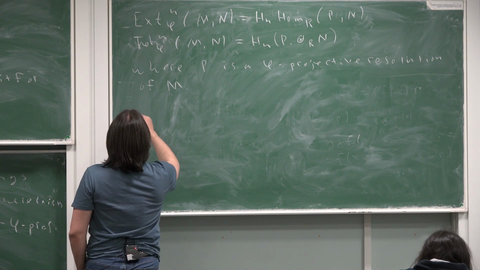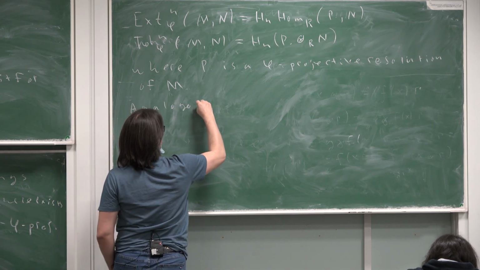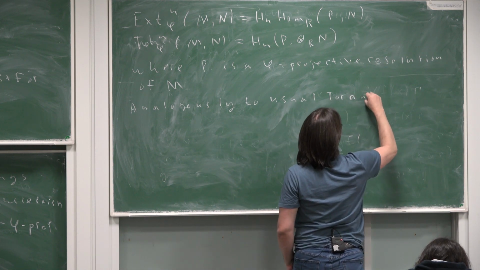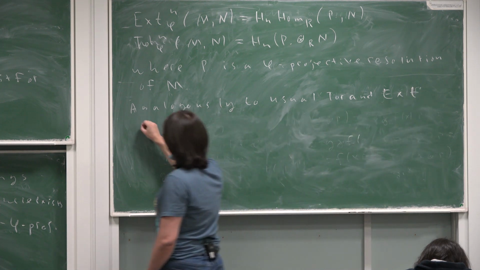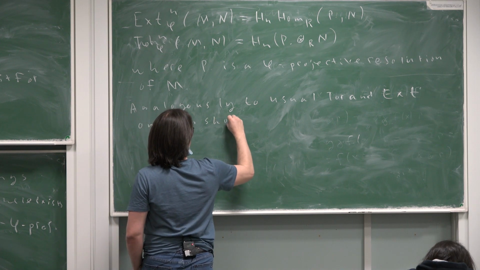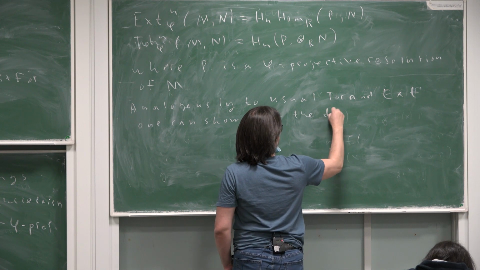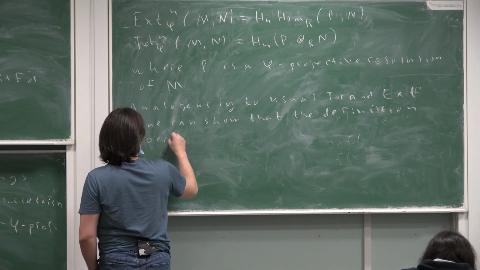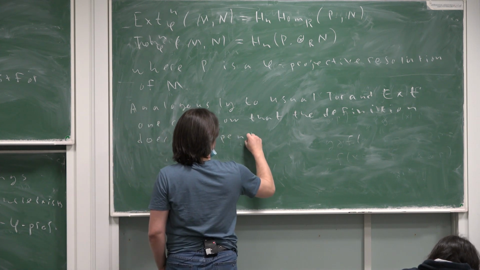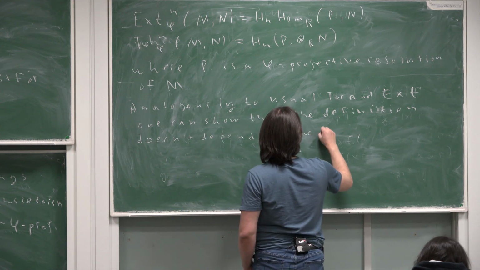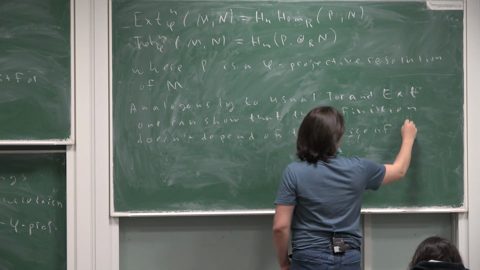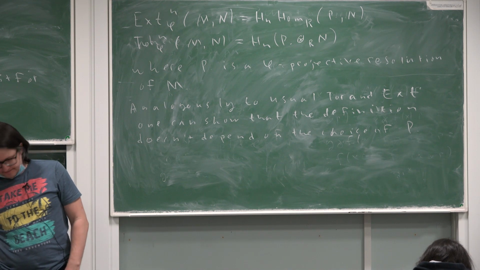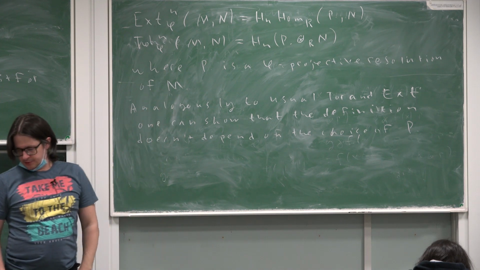Then, analogously to usual Tor and Ext, one can show that the definition does not depend on the choice of phi projective resolution, because we have universal property and we can show that two phi projective resolutions are homotopically equivalent and so on.